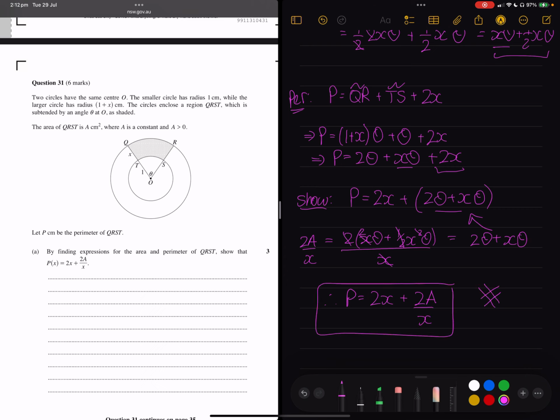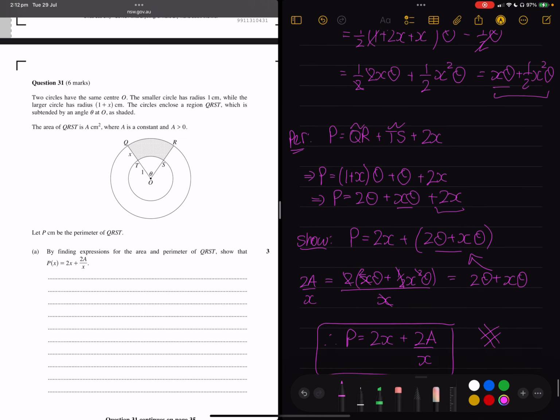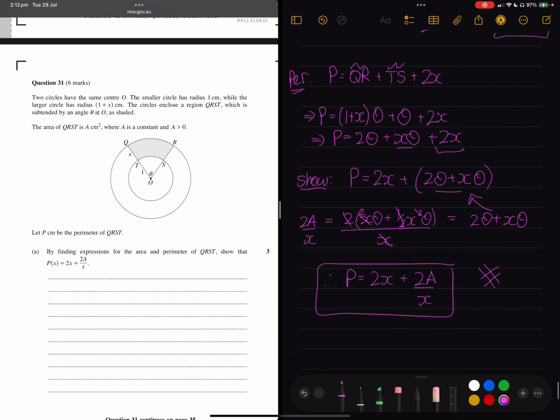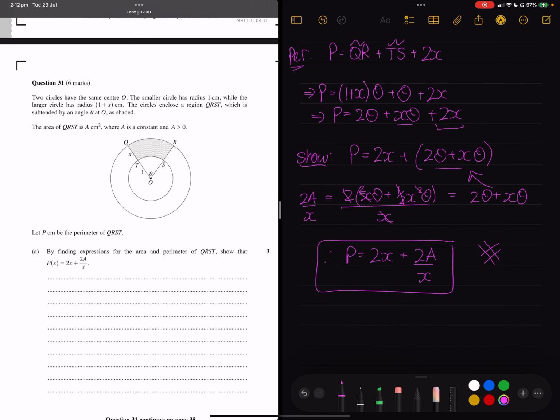So we had to do quite a lot of careful substitution. It was easiest to use the radian formulas because they simplified things the fastest. There was quite a lot of algebra here, and when you have questions like this, you have to be really careful not to lose or gain a sign, because if you do, your whole answer will be off. If you can't get the actual P formula in a question like this, don't use the one you get. Use the one they've given you, right? Because these are the optimization questions.